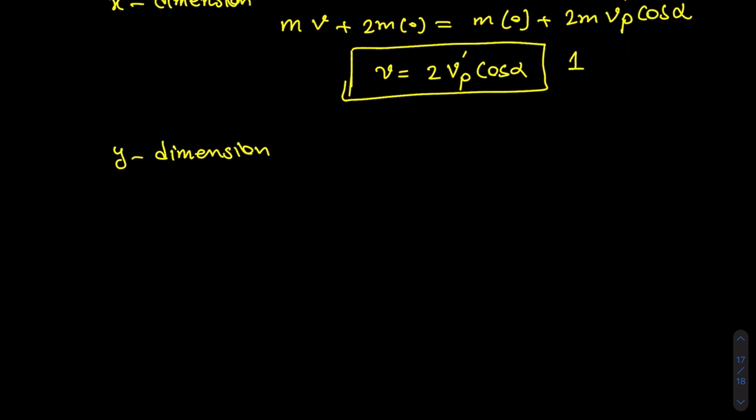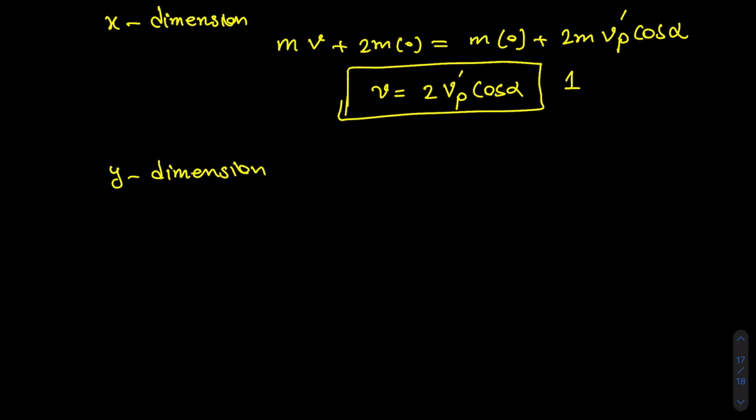In y dimension, we say, okay, the mass of nucleus times the velocity of nucleus, which was purely horizontal, so here we have 0, plus 2m, the mass of the particle, times the velocity of the particle, which was 0, is equal to the mass of nucleus, which is m, times the velocity of nucleus, which is vertically upward.